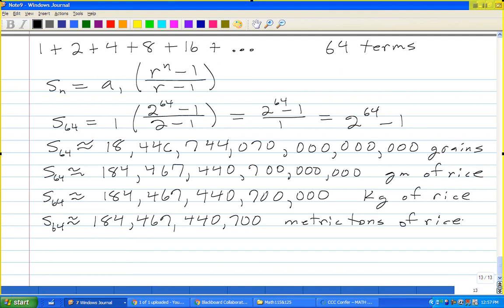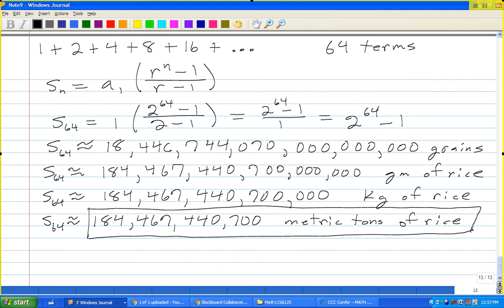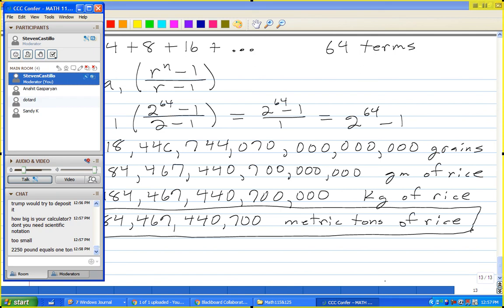So usually things are done in metric tons when you are transporting rice, like across the seas in a gigantic ship. So 1,000 million billion. So 184 billion metric tons of rice. So that is literally more rice than they have in China. So that's a lot. Metric tons.